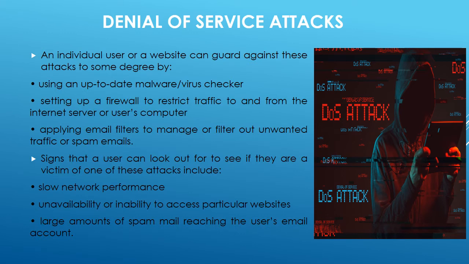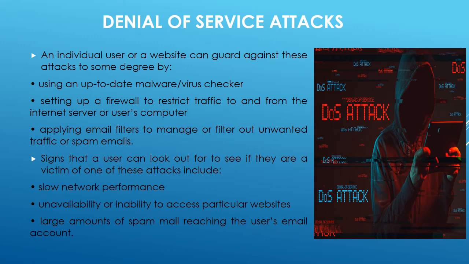An individual user or a website can guard against these attacks to some degree by using an up-to-date anti-malware or virus checker, setting up a firewall to restrict traffic to and from the internet server or user's computer, and applying email filters to manage or filter out unwanted traffic or spam emails.